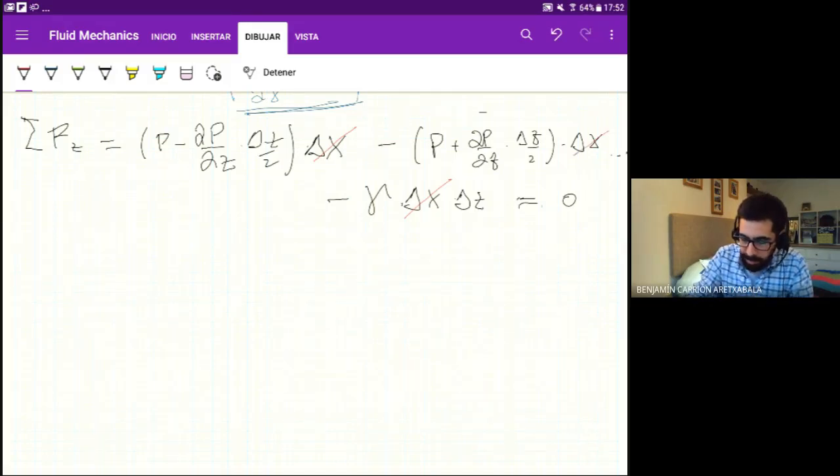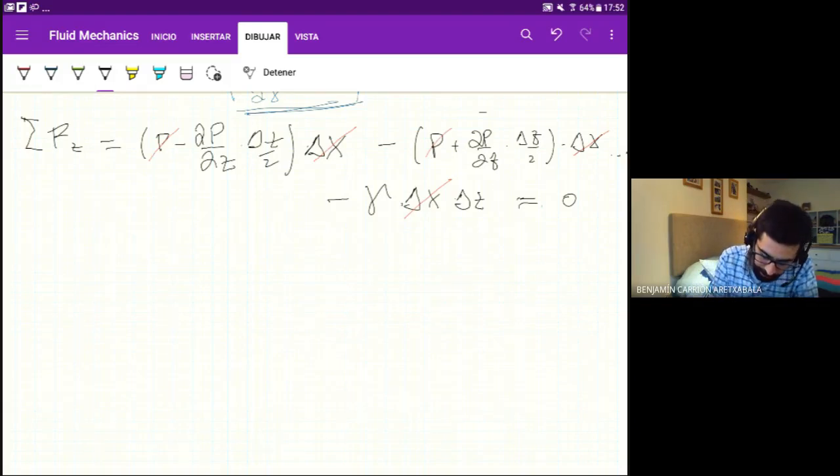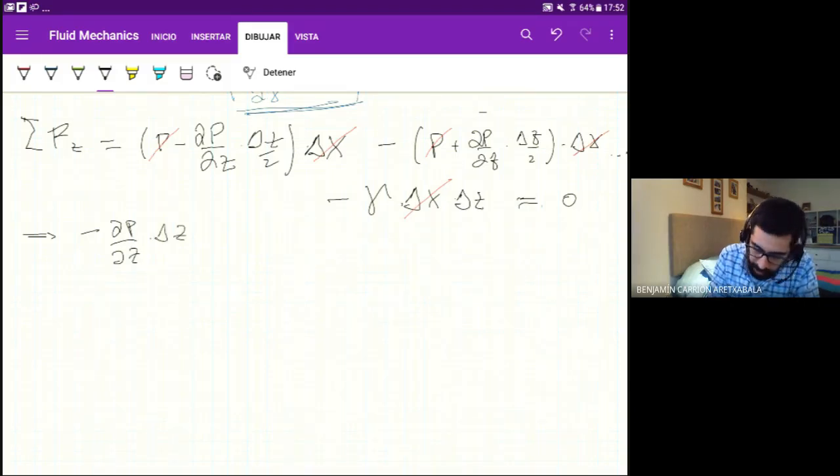We're also going to cancel out the pressures, and we're going to end up with minus dP at dz times delta z minus gamma delta z. This should be 0.